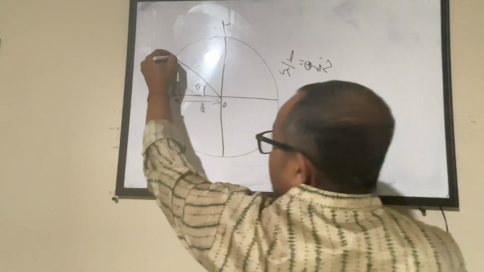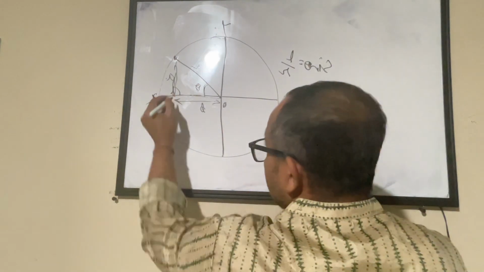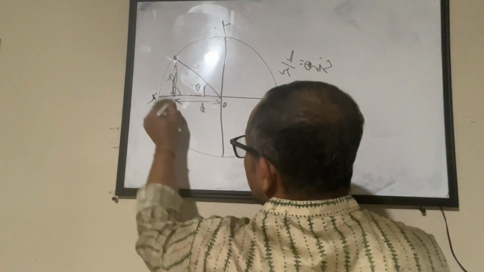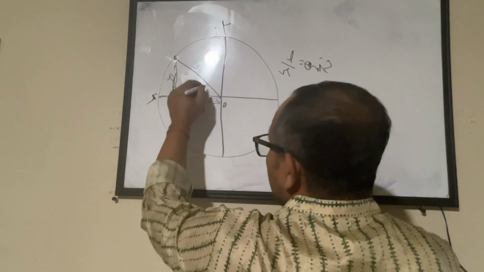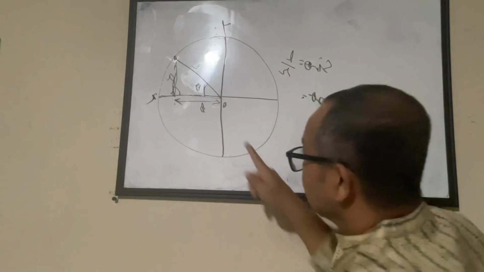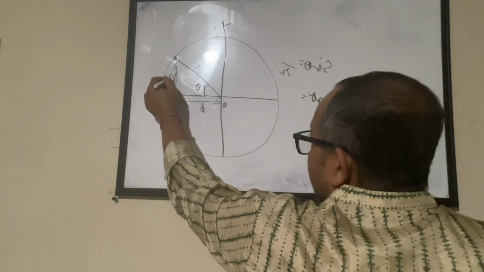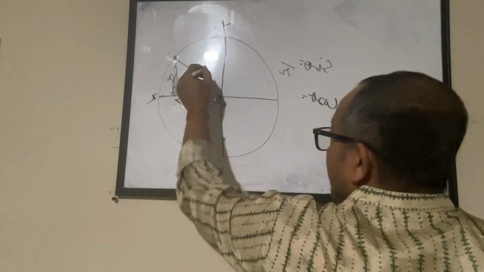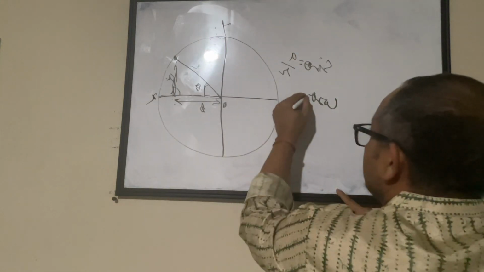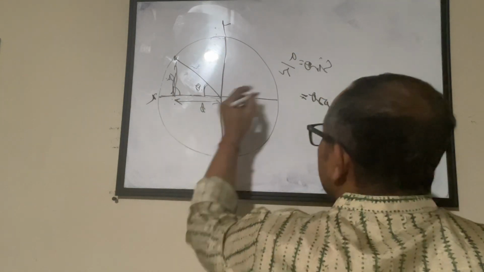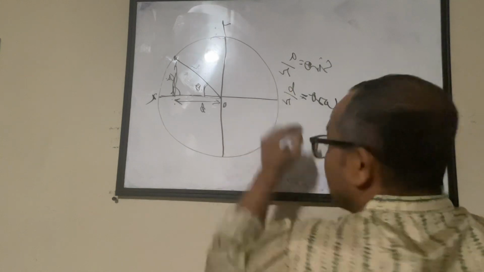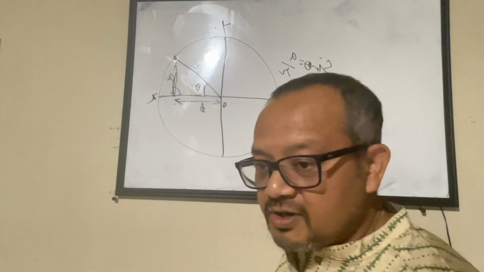So what did we do? We drew a perpendicular on this line, and we are saying this length is B and this is A. This is anyway the radius of the circle. So sine theta will be A divided by r, and cos theta will be equal to B divided by r. Is this part clear so far?